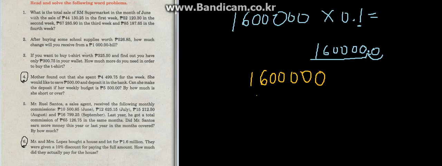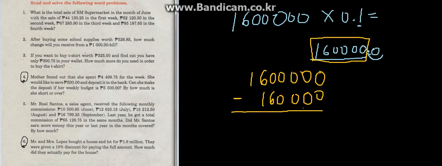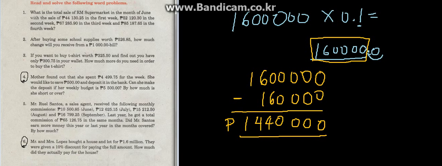So if you want to find that out, you have to subtract this discount from the original price, and what you will get is 1,440,000. 10 minus 6, 4, and then 5 minus 1 will be 4, and then 1. So that's how much they paid for the house. Okay, that's the end of the problem, and thank you for watching.